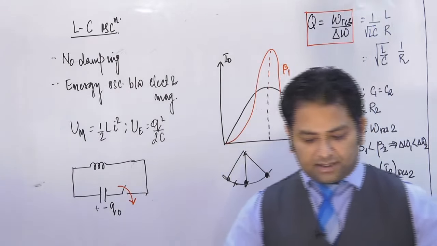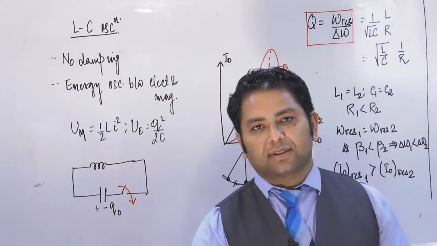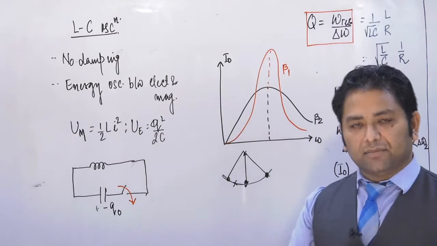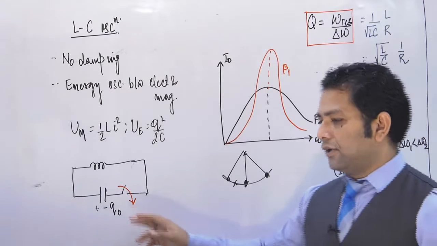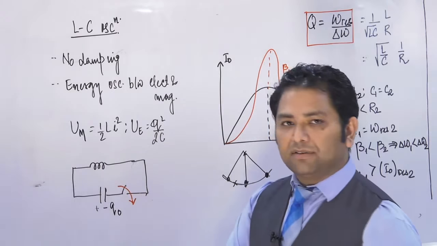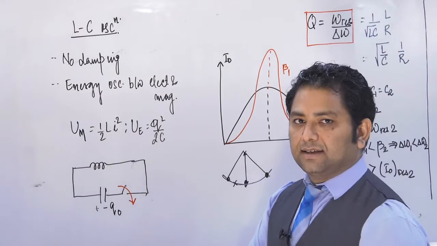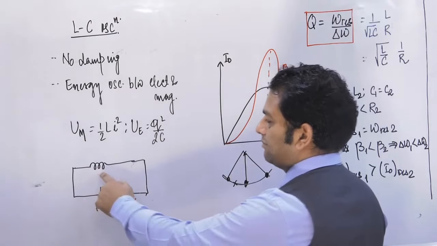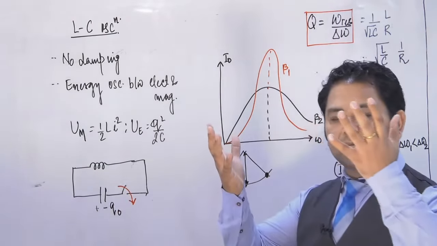And as the charge starts flowing, the electric energy will start decreasing, but not to worry, that fall in electrostatic energy would appear in the form of magnetic energy. So when the charge reaches 0, the current will reach maximum.